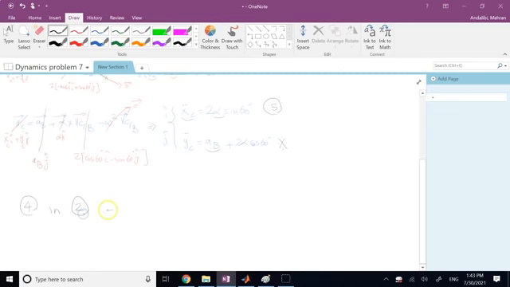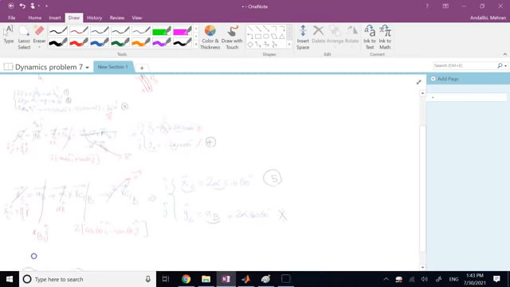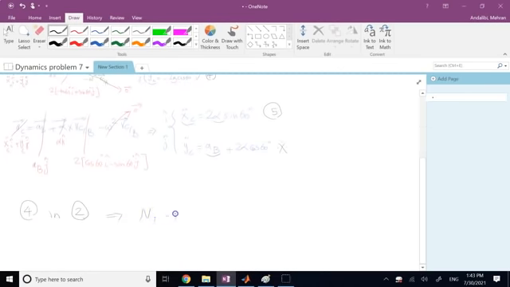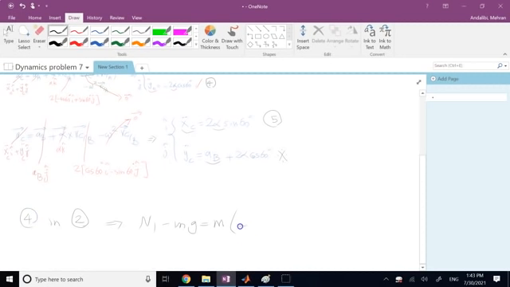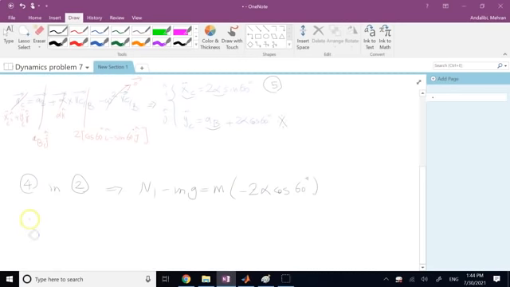If I do that, I will get N1 minus mg is equal to m times negative 2 alpha cosine of 60 degrees, and I plug in 5 in 1, and that will give me N2 is equal to m times 2 alpha sine of 60 degrees.